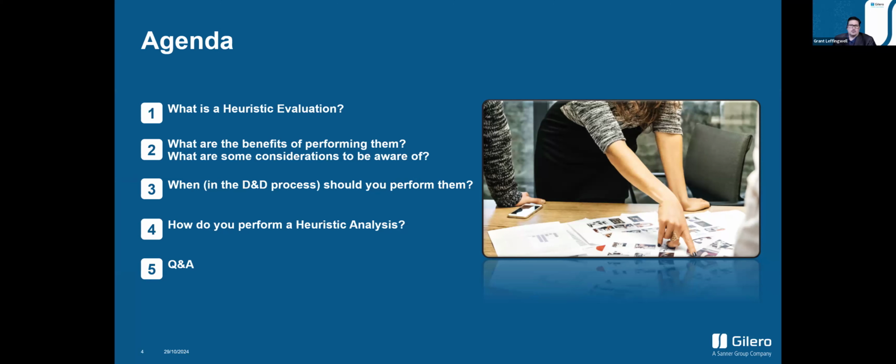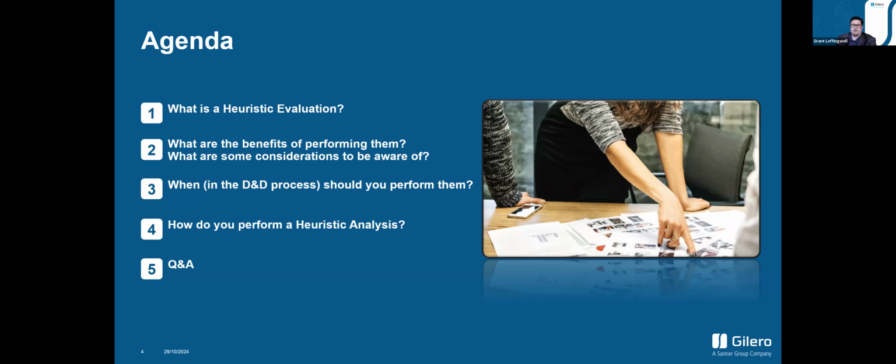Here's a high-level outline of what we're going to be covering today. First, we'll start off by explaining what is a heuristic eval. I saw the registration list. I know there's a lot of HFEs on the call, but some of the audience might not know or might have limited experience with these. So we'll start off with some of the basics there. We'll talk about the benefits of heuristics and some considerations for performing them. We'll talk about when they should be done during the product development process, because that's critical.